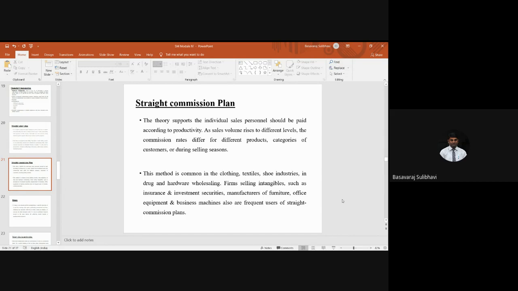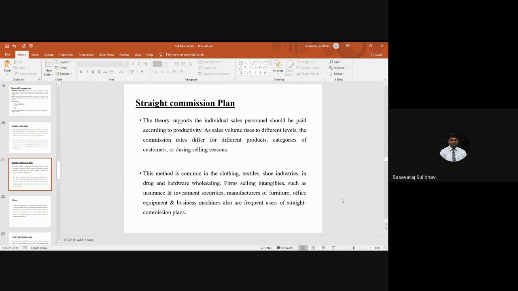Fine. So firms selling especially services, intangible products, like insurance or maybe investment securities, or manufacturers of furniture, office equipment, etc., can also use it. See, manufacturers of furniture, office equipment, or a business machine won't come under intangibles.